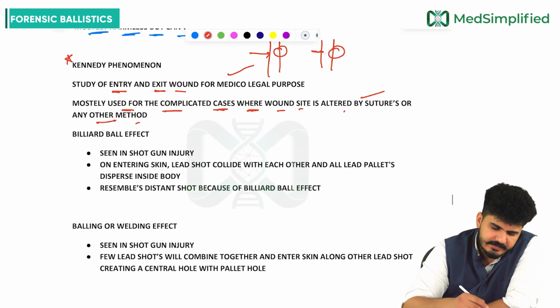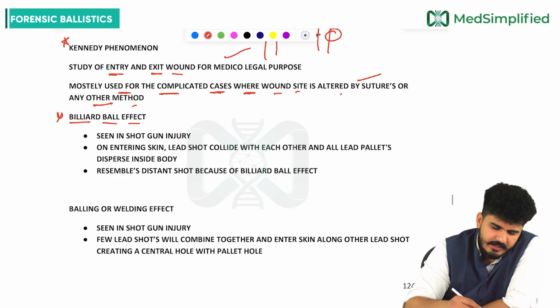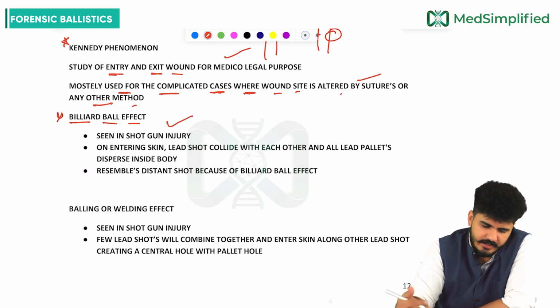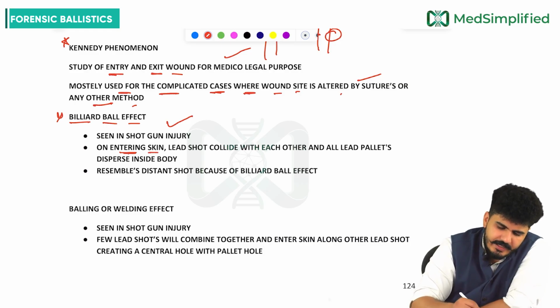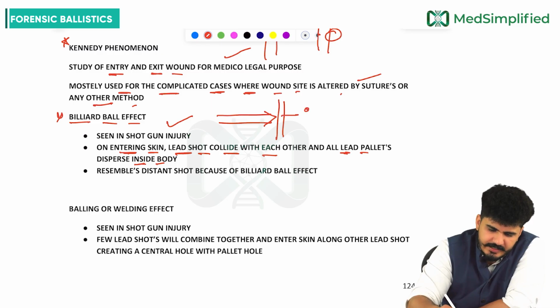Other than that, there is the Billiard ball effect. What is the Billiard ball effect? It is seen in shotgun injury. On entering the skin, lead shots collide with each other and all the lead pellets disperse inside the body. After entering the skin, the lead particles collide with each other.